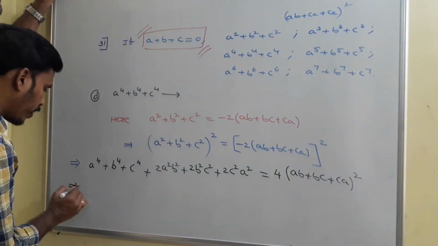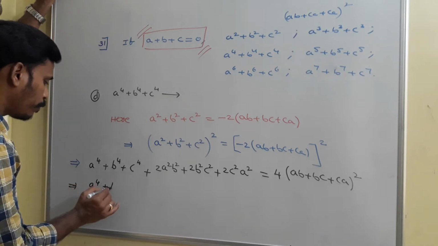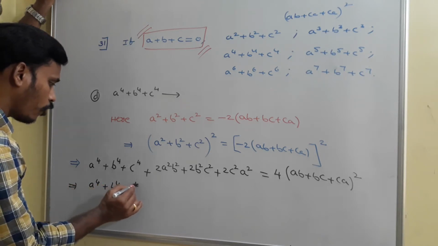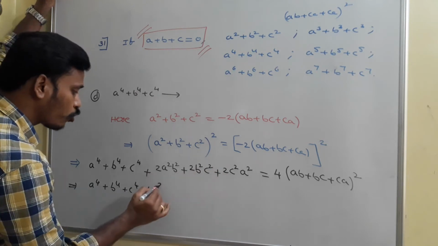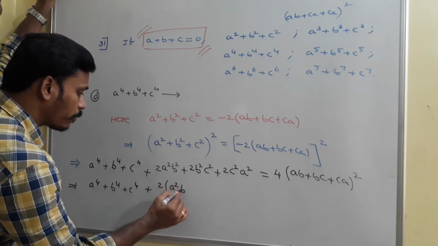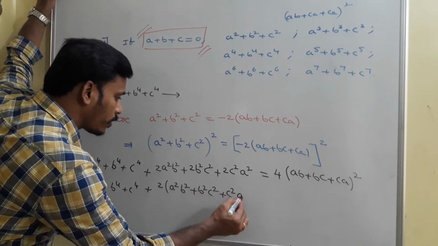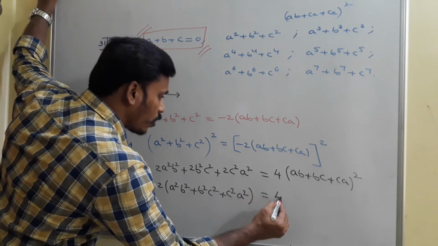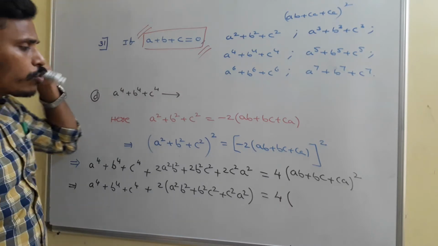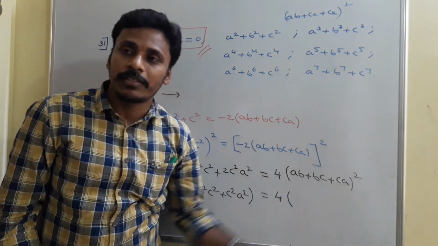So now on the left side, a power 4 plus b power 4 plus c power 4 plus, from these two terms you just common out 2 times of a square b square plus b square c square plus c square a square. This is equal to 4 times of, now you just think about this, ab plus bc plus ca whole square.